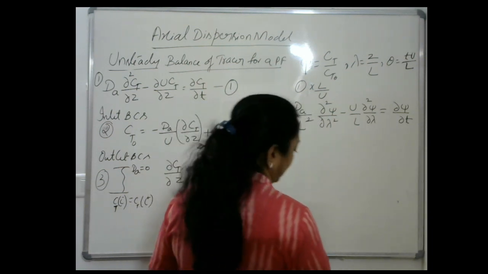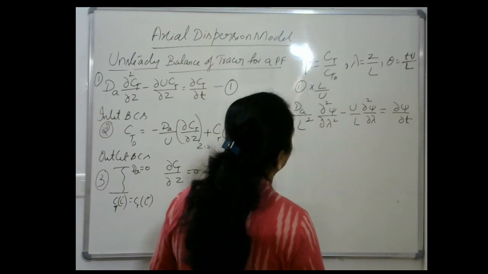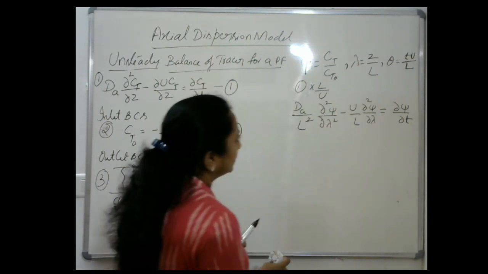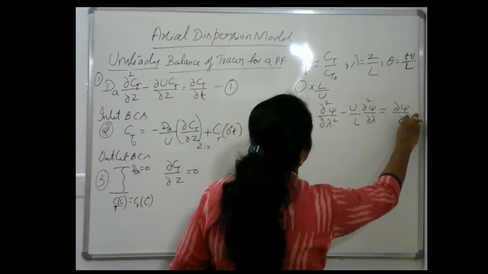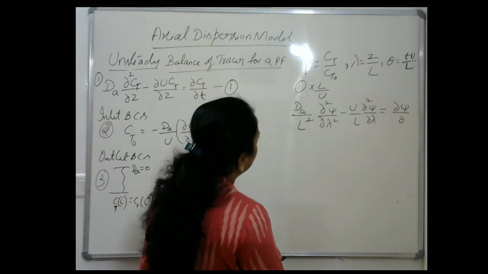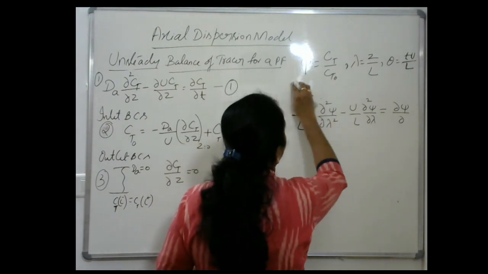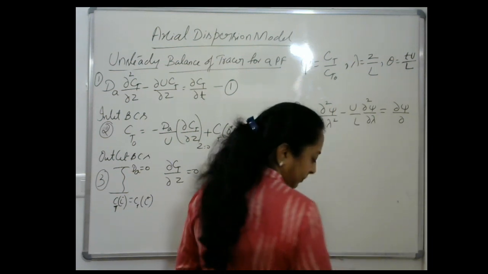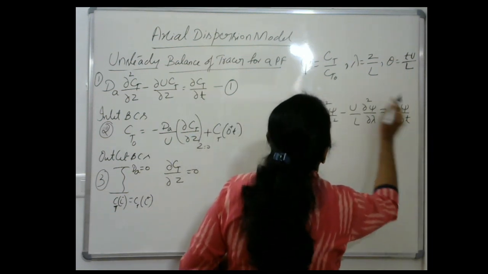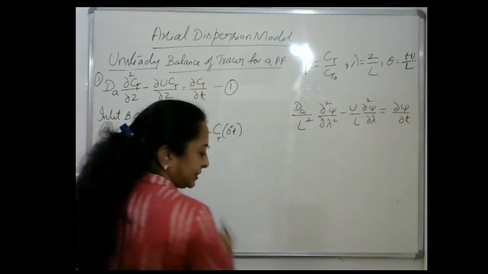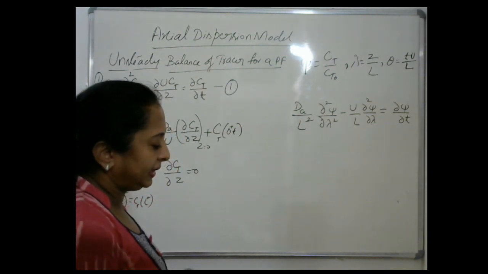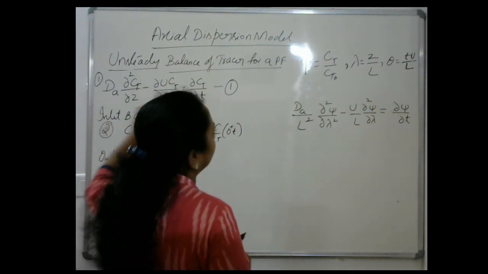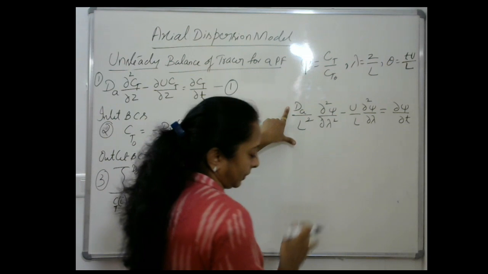One second. Let me not multiply that here only. Okay, now I'll multiply dou psi by dou T. What I have done is I have just divided that very first equation by Ct naught, and this is the equation I get.